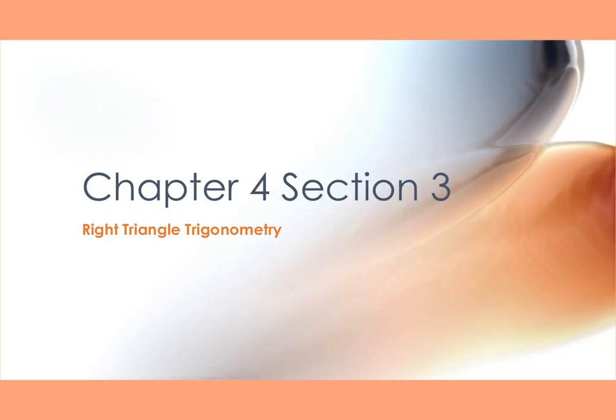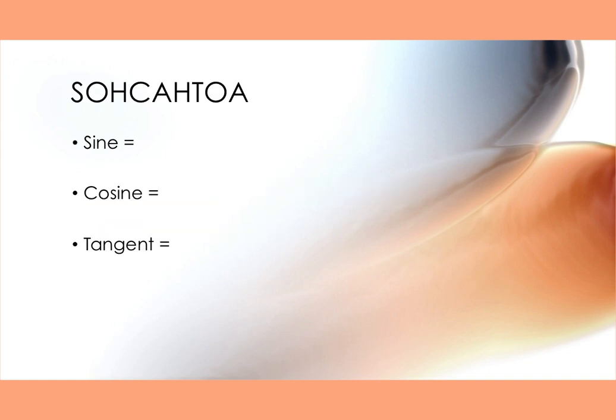All right, so we're going to move into section 3 today, which is right triangle trig. Okay, we start with hopefully review. The acronym SOHCAHTOA, we talked about it a little bit last week, is an acronym for your 3 original trig function ratios. SOH stands for sine equals opposite over hypotenuse.